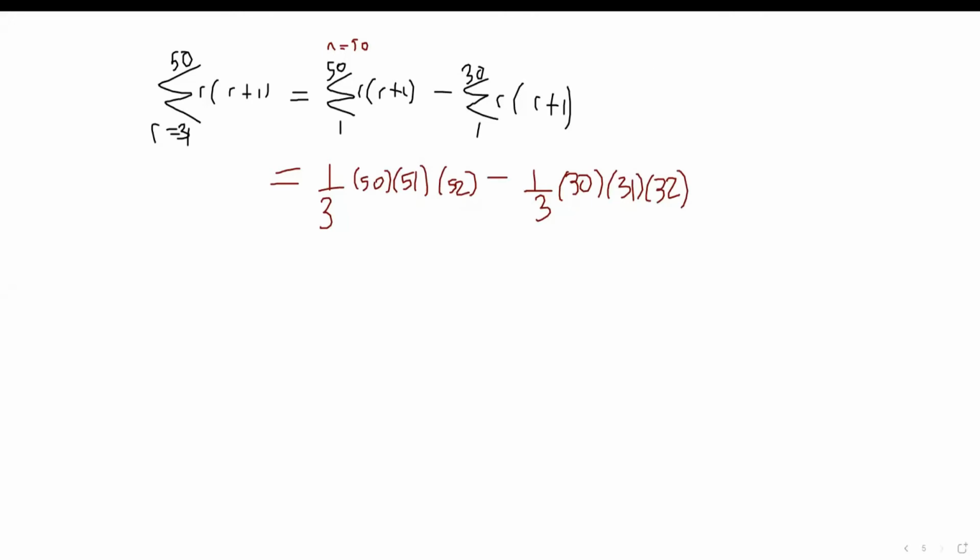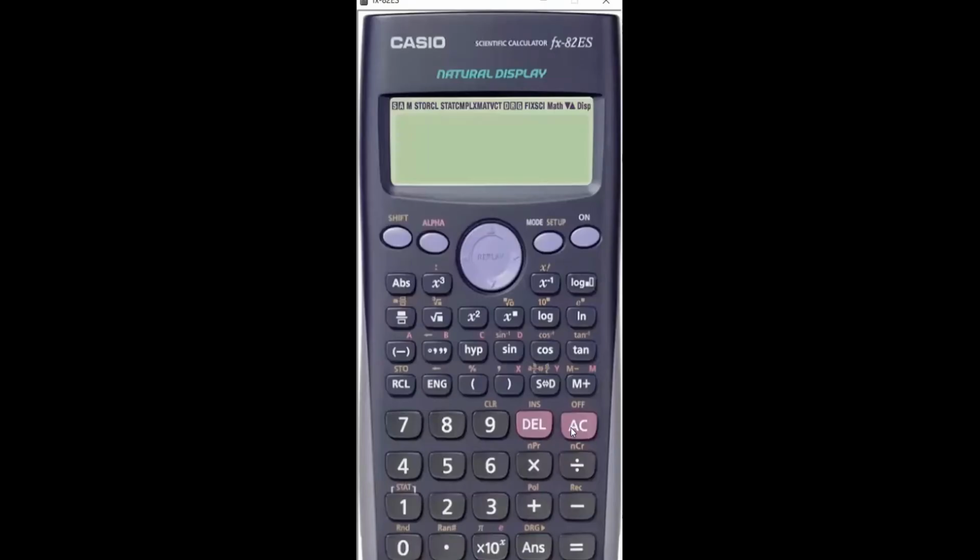So I'm going to just plug this into the calculator. You see it here now. The calculator: 1 over 3 of 50 times n plus 1 of 51 times n plus 2 of 52. Close that bracket, minus 1 over 3 of n, which is 30, times n plus 1 of 31, times n plus 2 of 32.